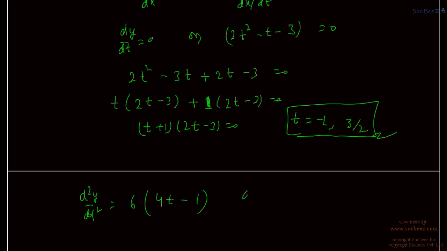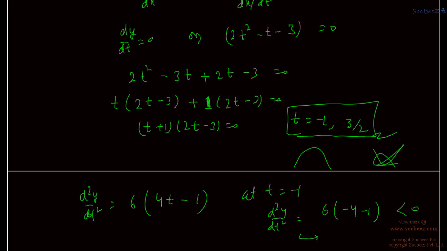So at t equal to minus 1, d2y by dt square is 6 times minus 4 minus 1, which is obviously less than 0. Less than 0 means the curve is concave downward, like this, so maximum occurs, okay?